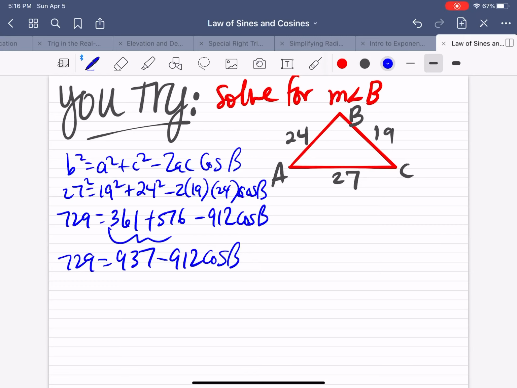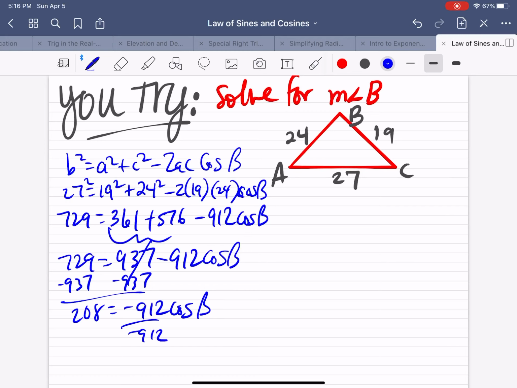Subtract both sides by 937. To get the B by itself, divide both sides by negative 912. So cosine of angle B is equal to 208 divided by negative 912.